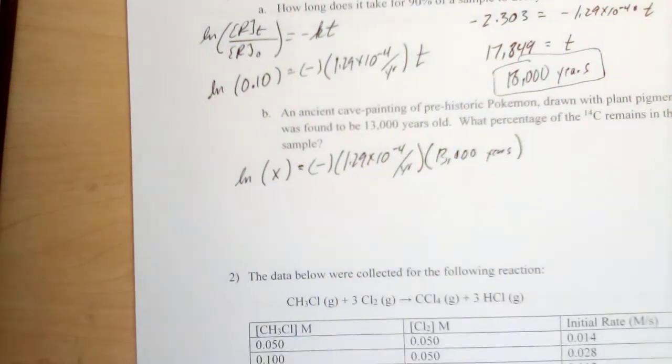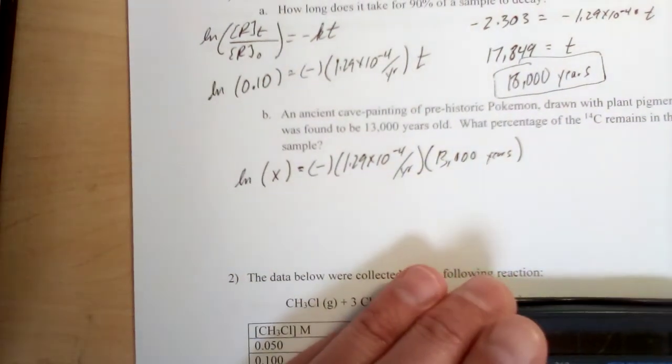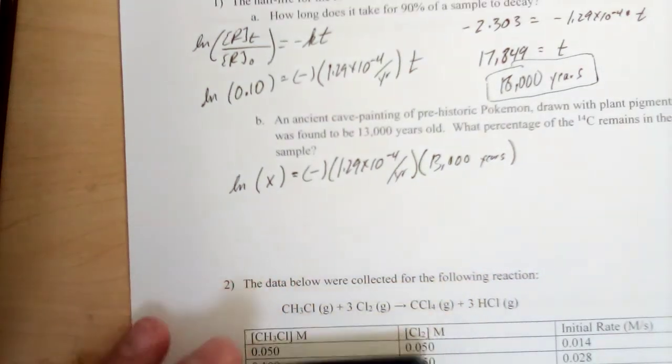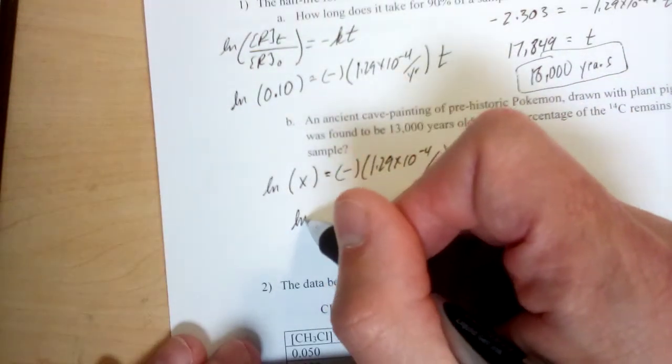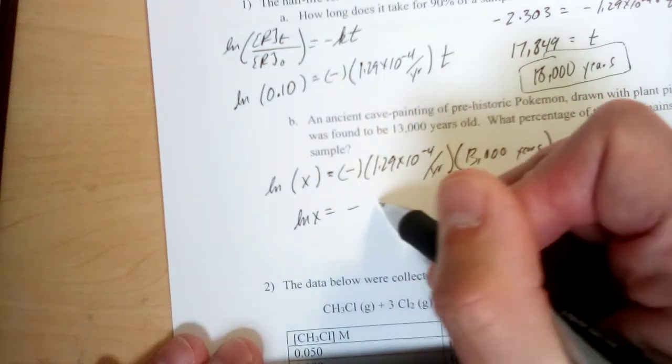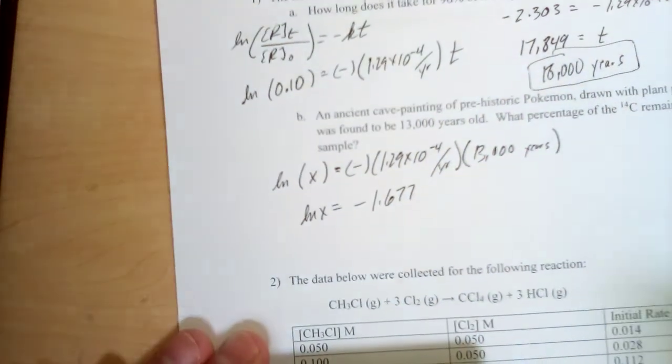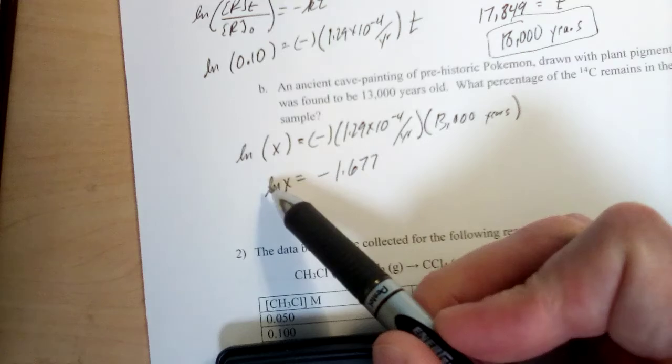So let's multiply out the right side of the equation here first. And that gives me 1.677. So the natural log of x is equal to negative 1.677. What we need to do now is get rid of the natural log.